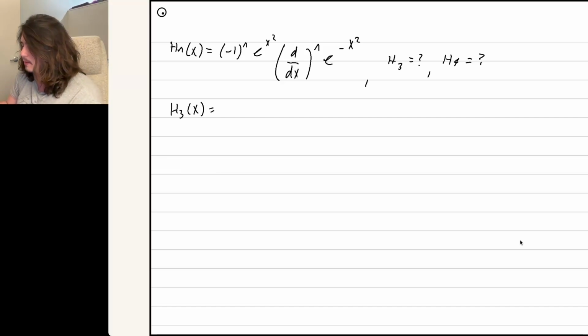Minus 1 to the third is just minus 1. You have e to the x squared.